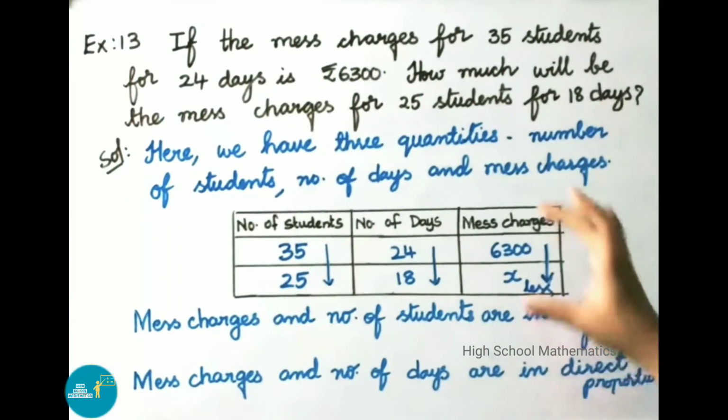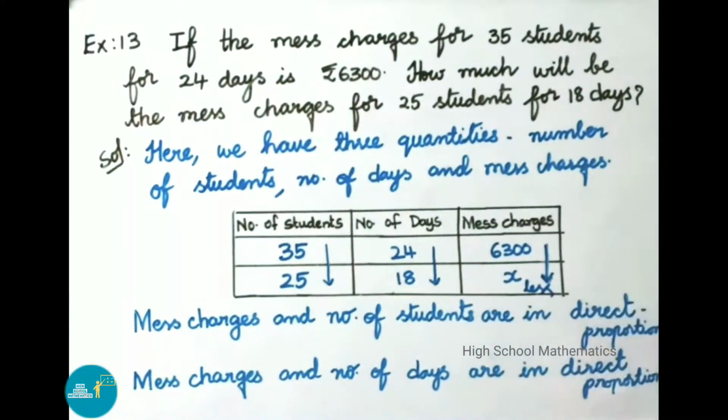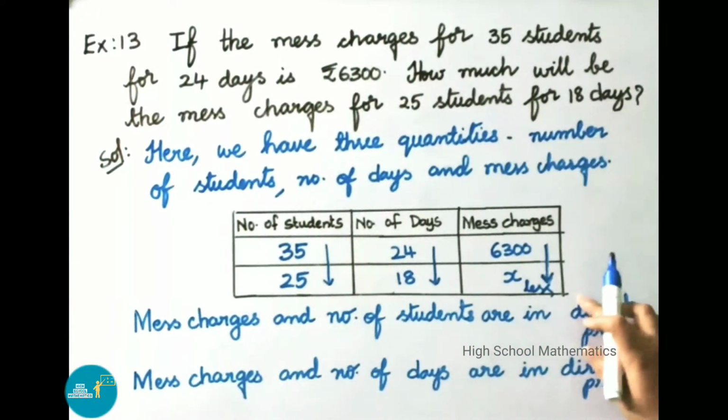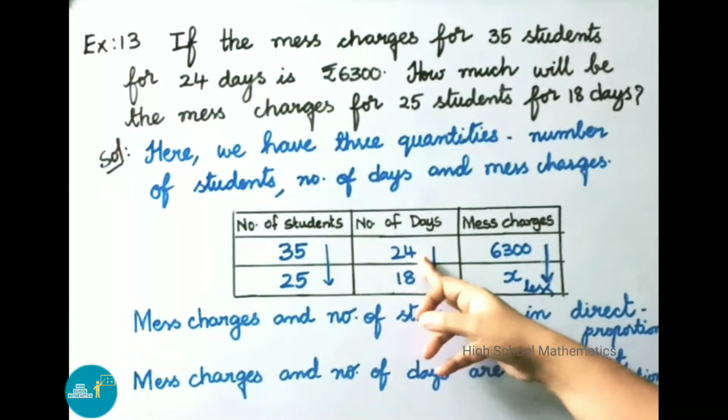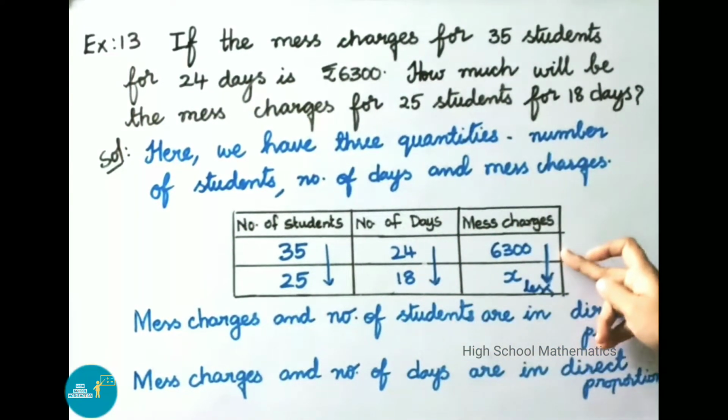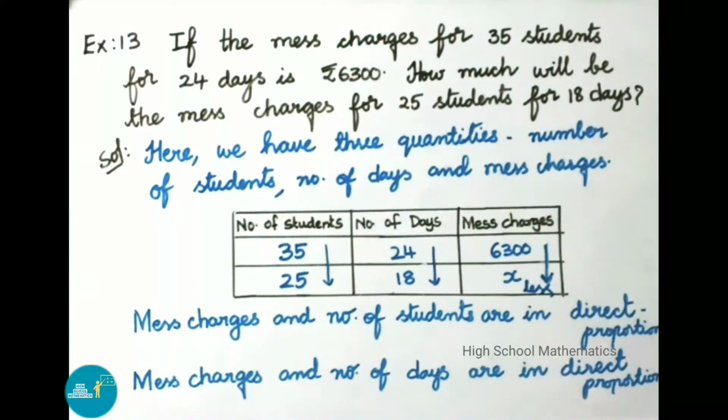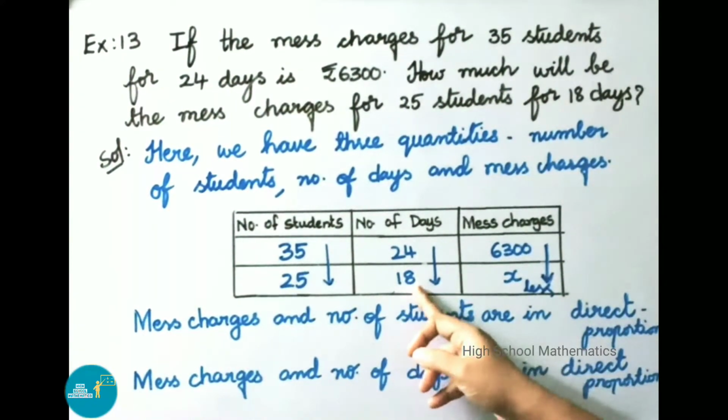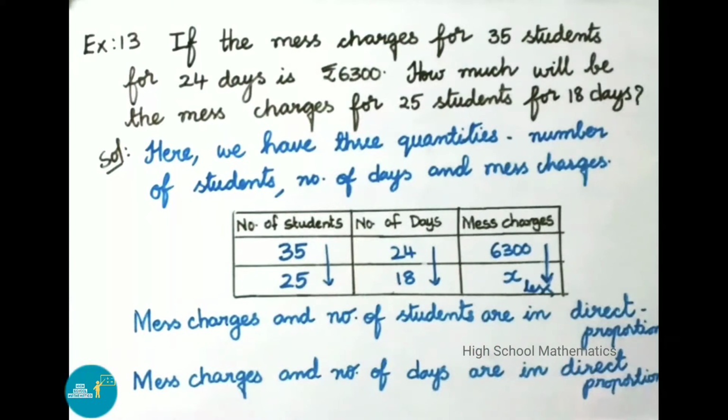Now let us take the next column, the number of days, and compare it with mess charges. For 24 days, the mess charges are 6,300 rupees. For 18 days, the mess charges will be less. More days means more mess charges, that is 6,300; fewer days, 18 days, means less.